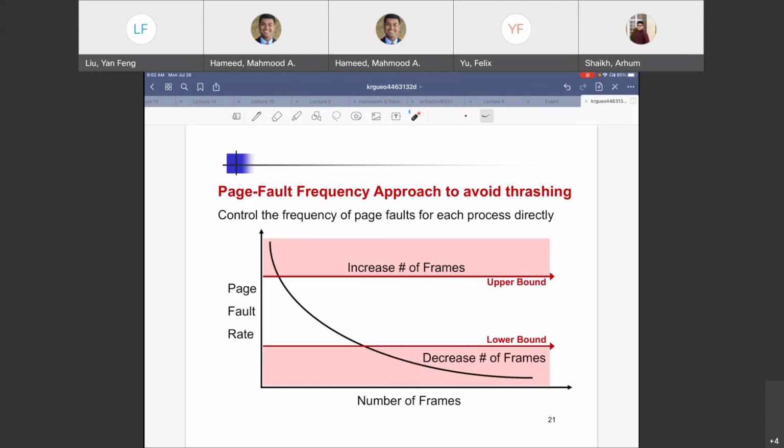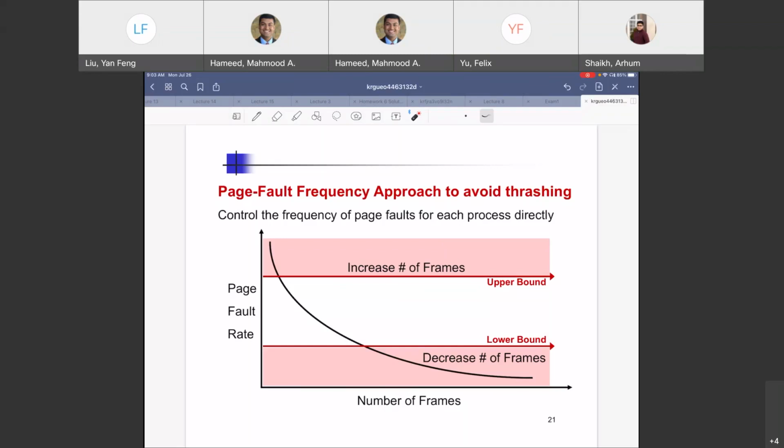So you're talking about this particular one, right? This is the lower bound. This particular lower bound is sort of an arbitrary number that each user can define. The person who is writing that application can define that: okay, I need this many frames to make sure that this works.